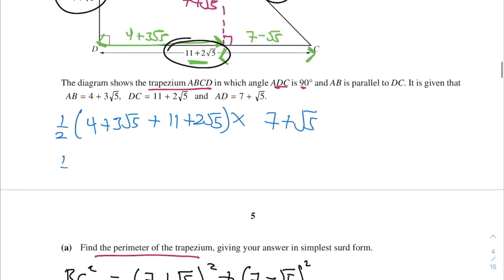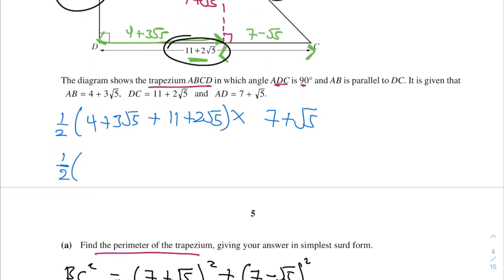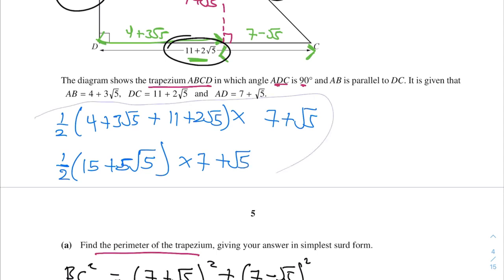So we have half. Now in the bracket, we are going to have 15 plus 5 root 5. Then this is going to be this. Now we can take this down there and then further work on it.